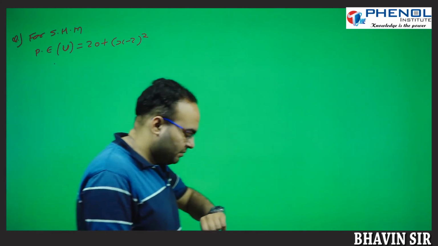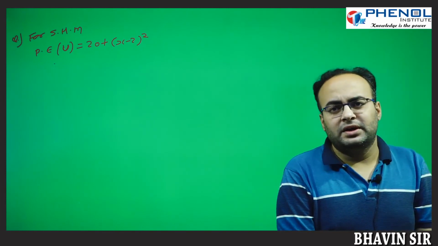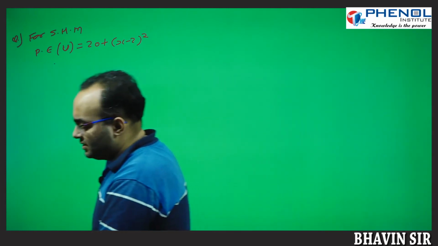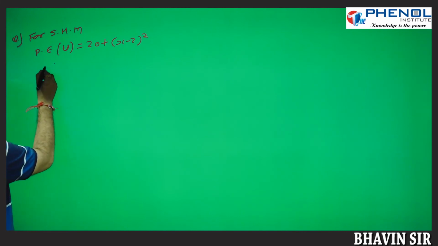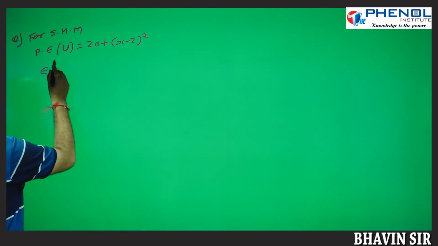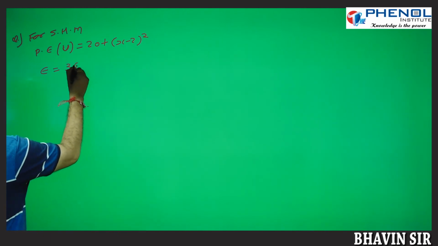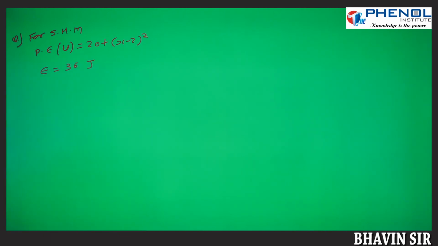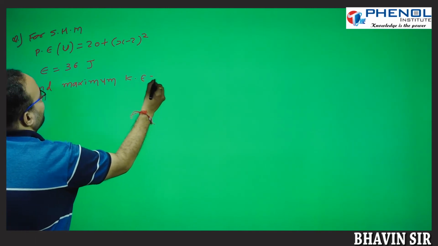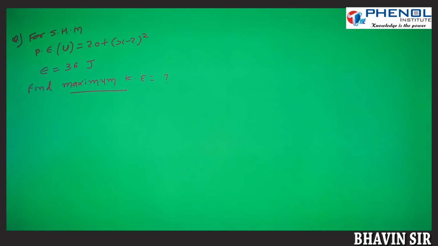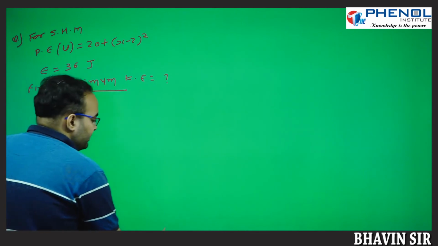If the total energy is 36 joule, find the maximum kinetic energy.